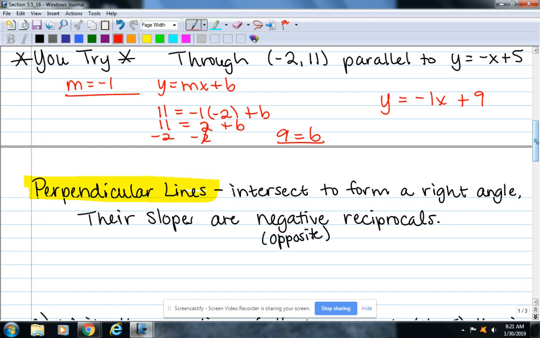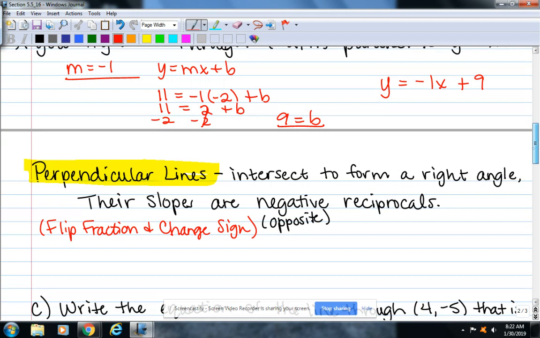So if the slopes are opposite or negative reciprocals, that means you flip the fraction, change the sign. So that's what a negative reciprocal is. You flip the fraction and change the sign.